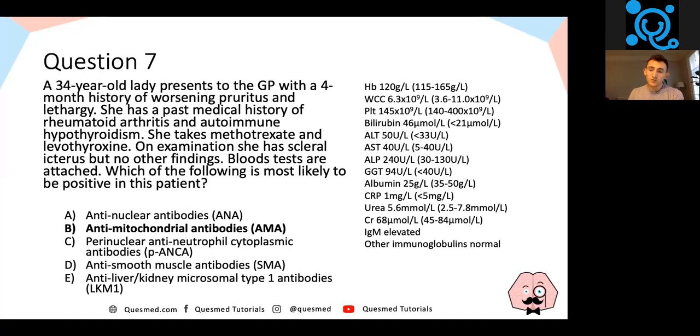There are a couple of causes of autoimmune liver disease. Primary biliary cholangitis is one of them. In PBC, we often see the presence of antimitochondrial antibodies, which are most specific to it, and seen in more than 90% of people with PBC, which this case fits with most.